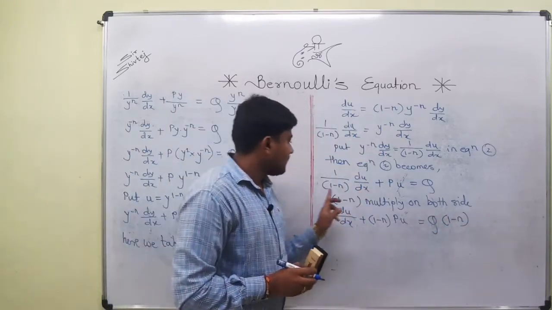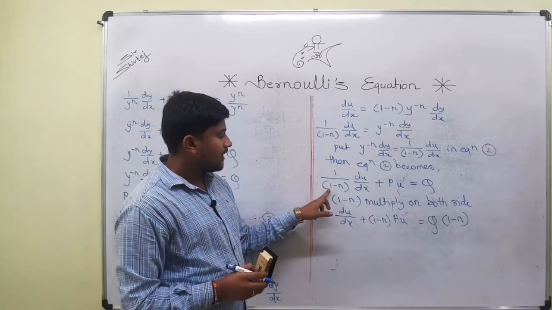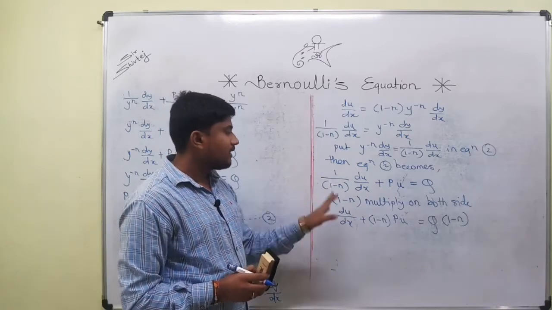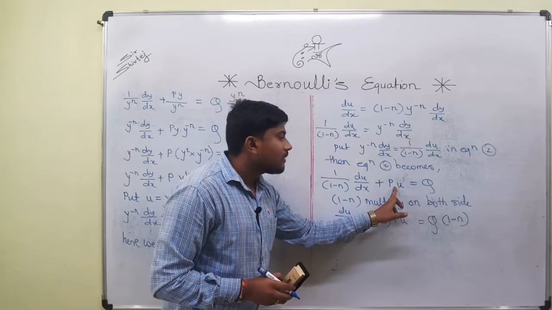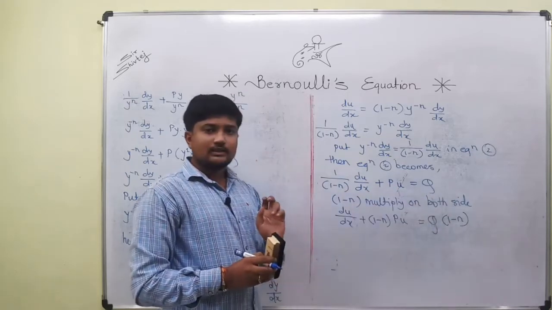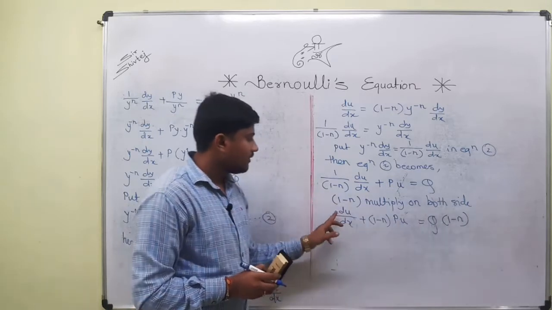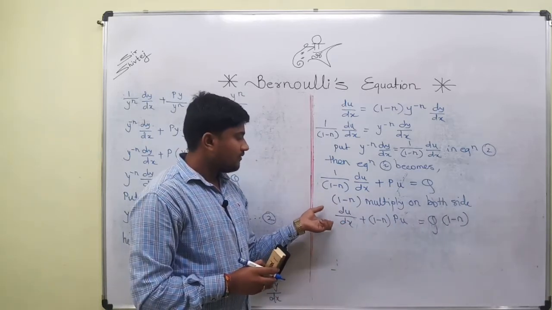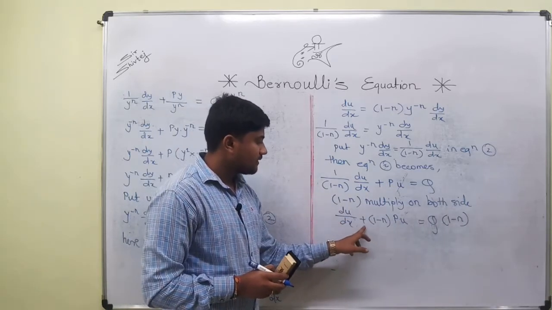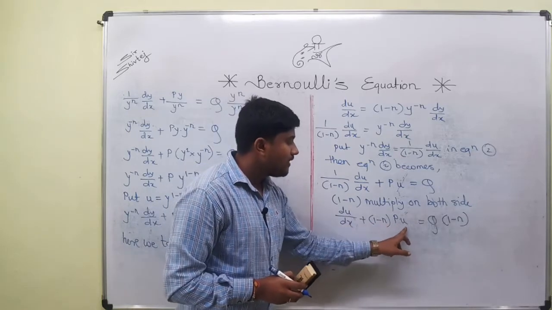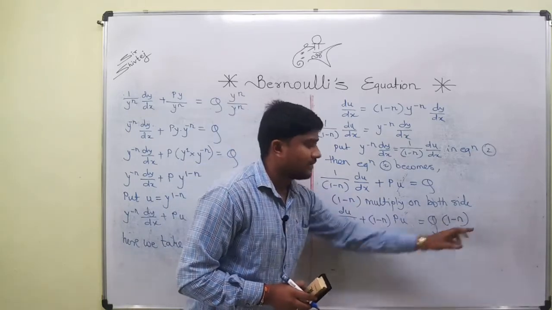Therefore we have the equation as du by dx plus 1 minus n into pu is equal to q into 1 minus n.